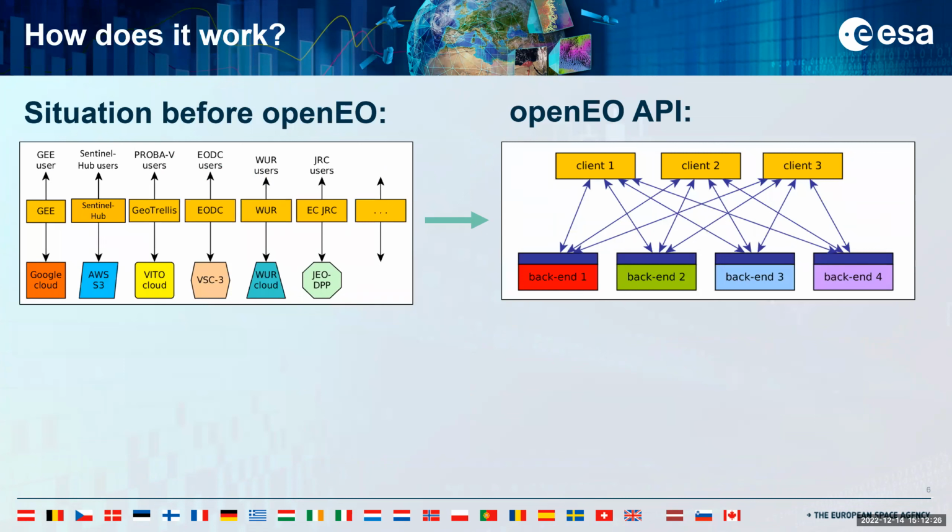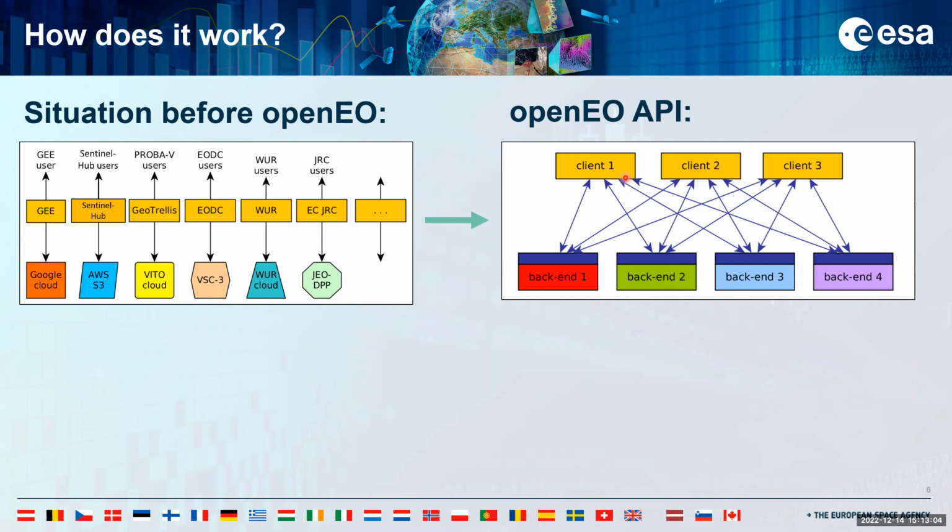The situation before OpenEO is basically this, that you have the Google Earth Engine users using Google Earth Engine. You have Sentinel Hub users using AWS in the background. You have the Vito Cloud users, and on EODC, you have EODC users. So what happened with this OpenEO API, with this common language, is that you actually can define your Earth observation analysis and run it on various backends.